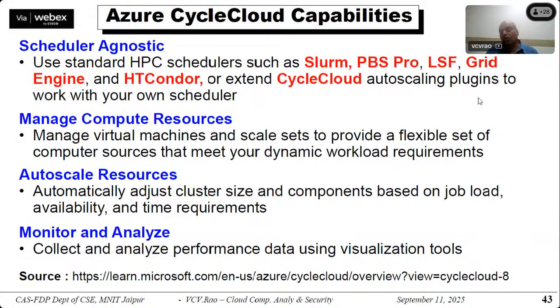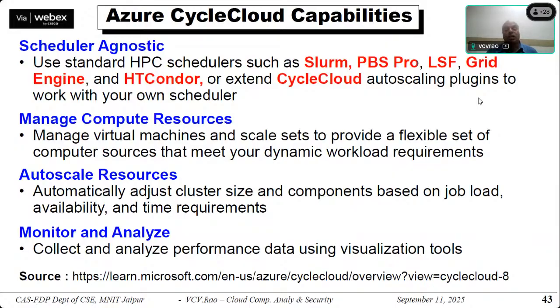LSF is another load scheduling software, IBM's own. And Grid Engine, we talked about grid computing, where a large number of distributed systems, geographically distributed, are integrated together. HTCondor, CycleCloud. That means in CycleCloud today, the work has been done for the integration of Slurm and Azure. Now you can automatically plug in many of the load scheduling and job management software also.